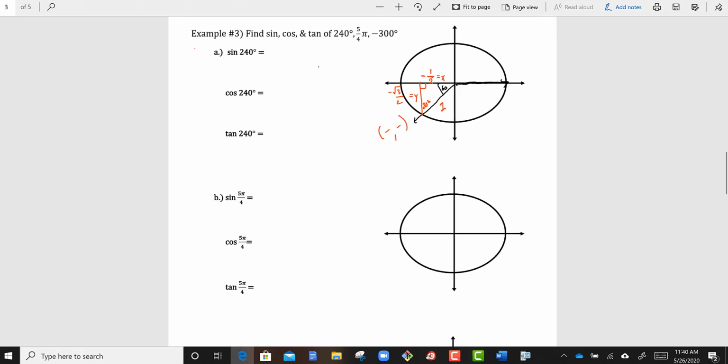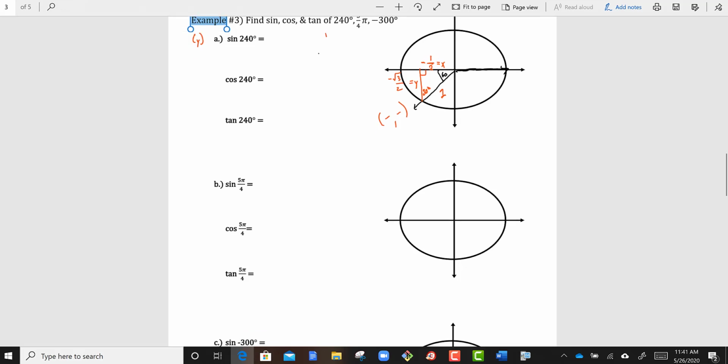So now we've done the hard part. Sine is the y coordinate, so it's negative radical 3 over 2. Cosine is the x-coordinate, so it's -1/2. And tangent is y over x.